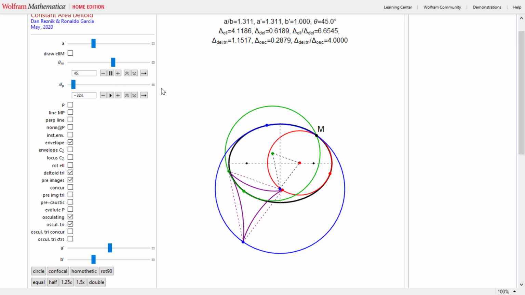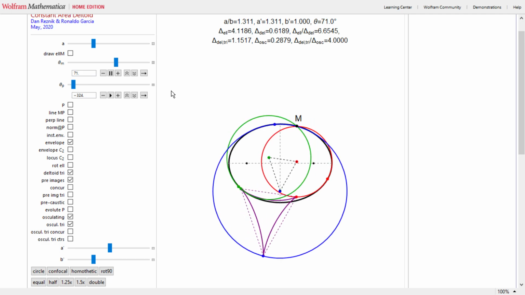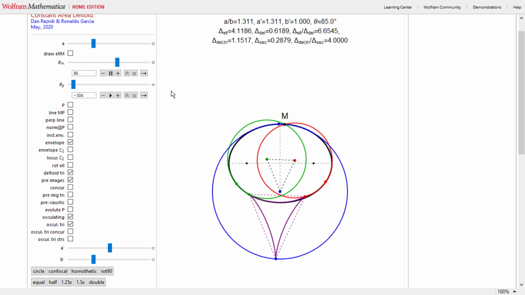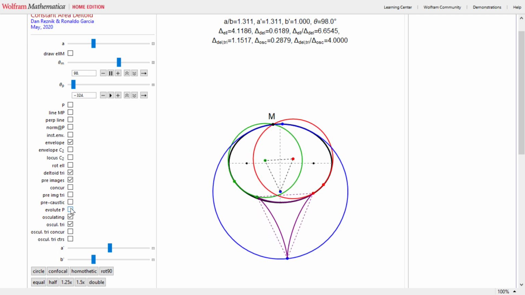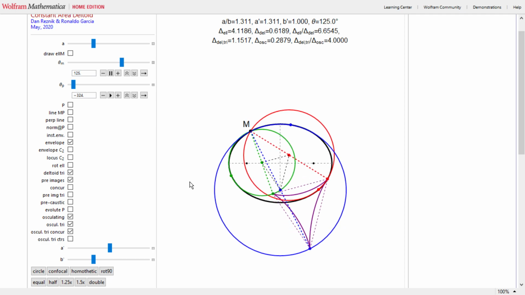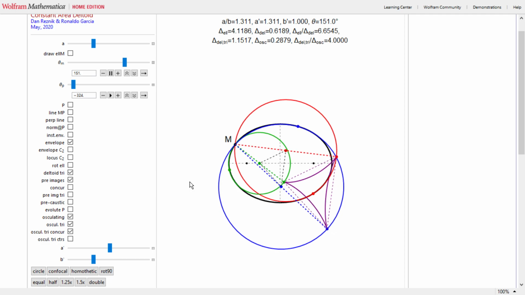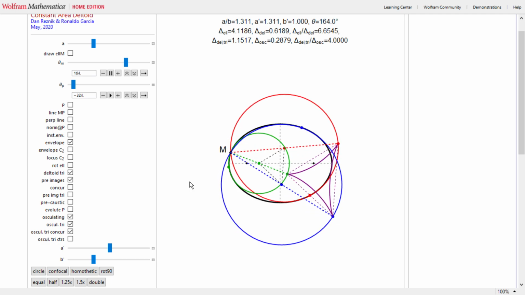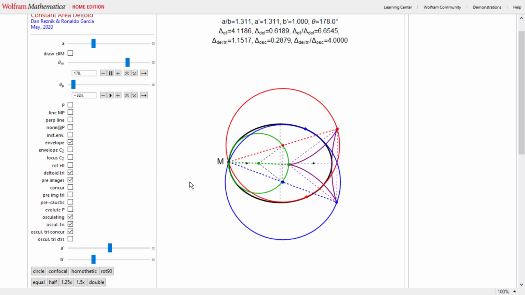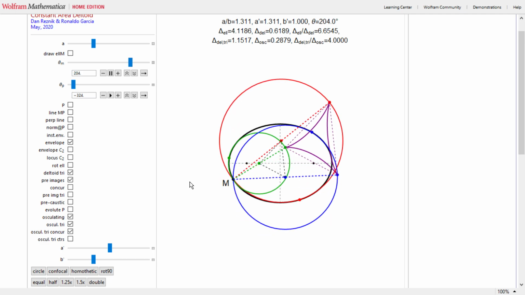So if I animate this system here, I get all the same phenomena. The three circles meet at M. You get the concurrence of the three diameters at M. And the ratio of areas between the triangle defined by the three cusps and the triangle defined by the three centers of the osculating circles at the preimages is 4.